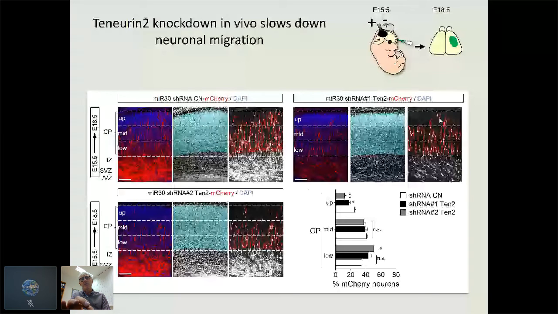And this is the second one, again, a similar picture. And here's the quantification. And so that allowed us to conclude that this complex between Teneurins and Latrophilin and flirts is probably also important for cortical migration in vivo.